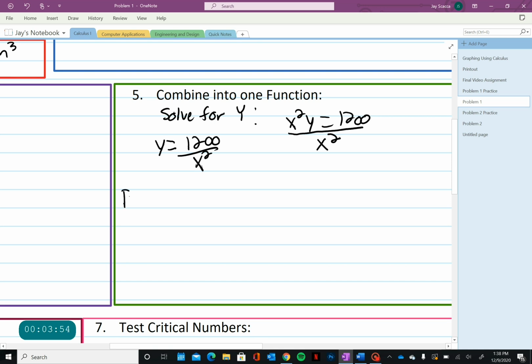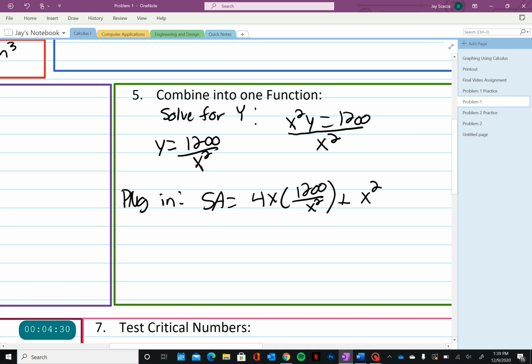And then we could plug that into the surface, so the optimization function, and then we get surface area equals 4x times 1200 over x squared plus x squared.